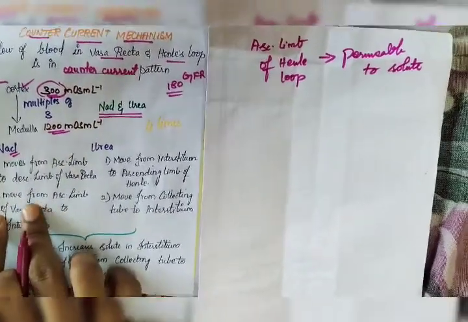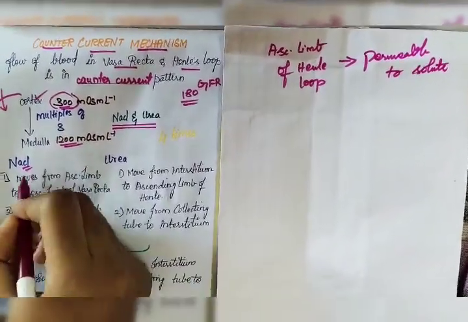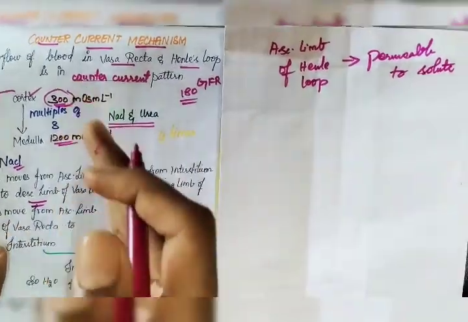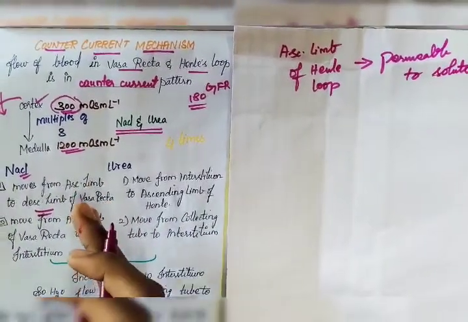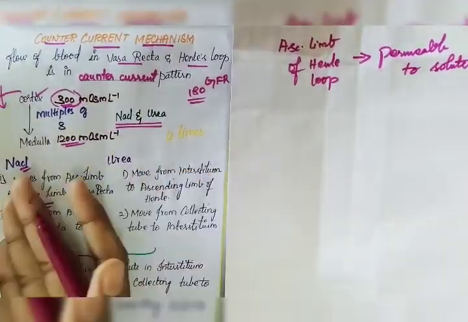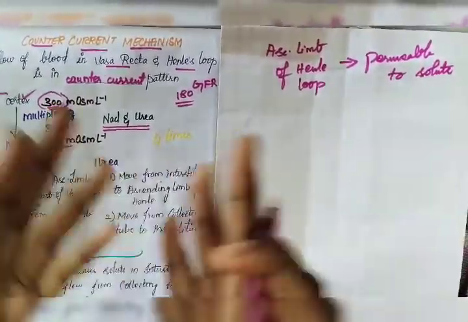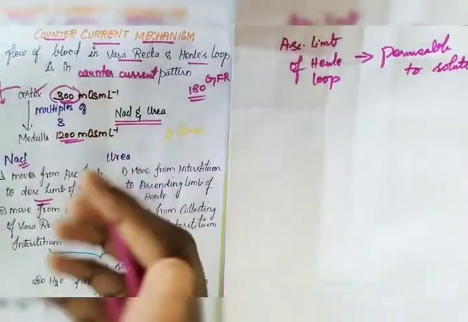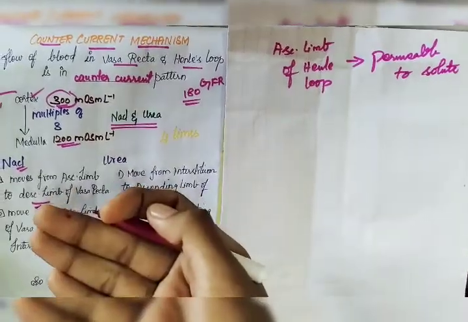Then the ascending limb of the vasa recta loses the sodium chloride to the interstitium. Interstitium means the tissue between the vasa recta and Henle's loop, the spaces between the tubes. So the ascending limb loses the sodium chloride to the interstitium.